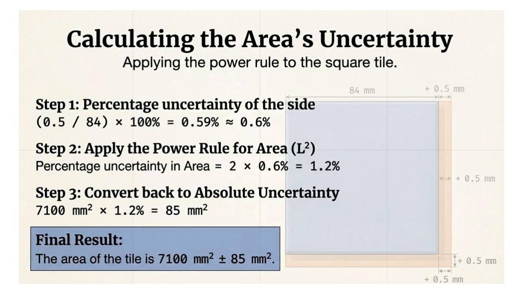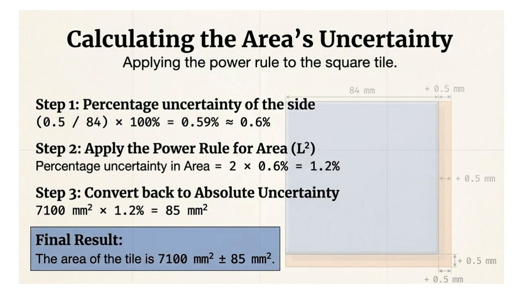We start by finding the percentage uncertainty of the side length, which is the uncertainty divided by the measurement itself. So 0.5 divided by 84, then multiplied by 100%, giving about 0.6%. Next, we apply the power rule, since the area depends on the side length squared.